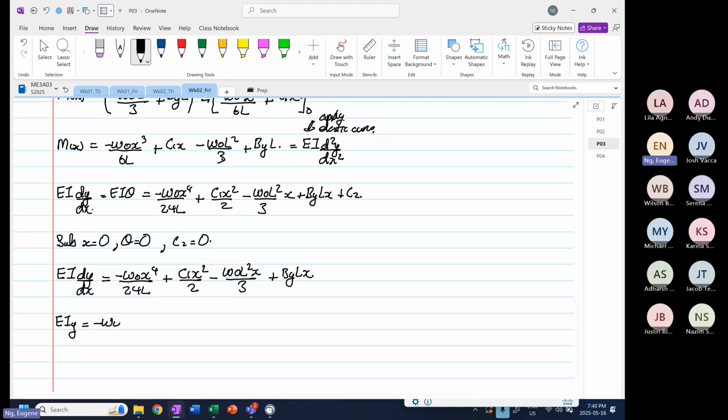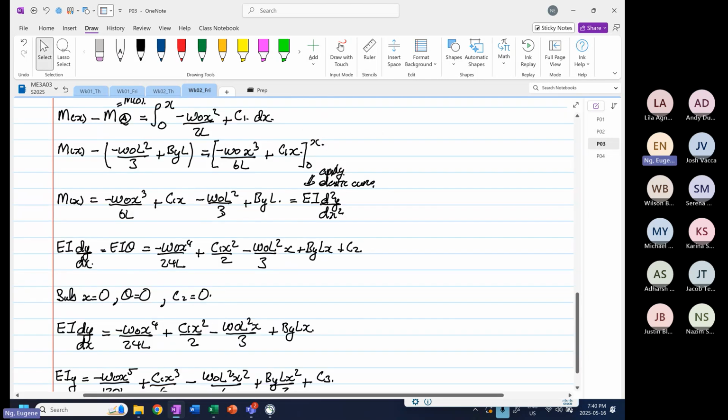So we have minus omega naught x to the 5 over 120L plus C1 x cubed over 6, minus omega naught L squared x squared over 6, plus ByLx squared over 2 and plus C3.